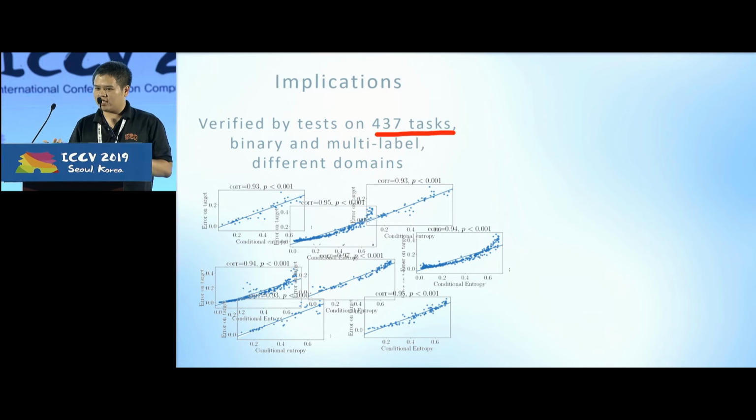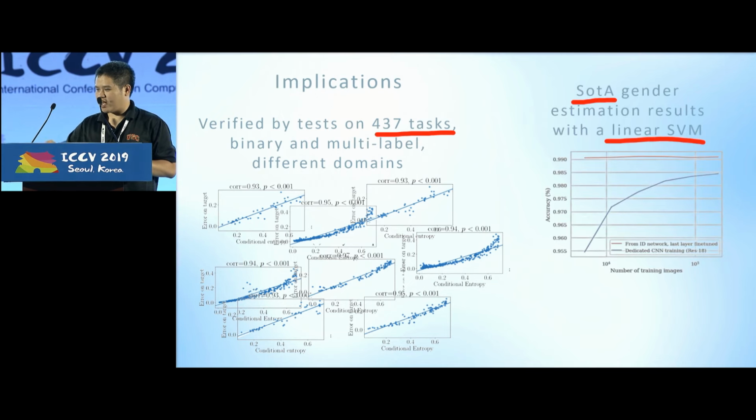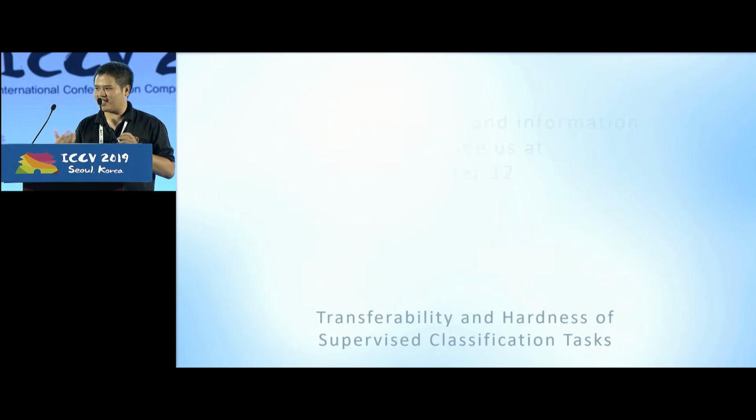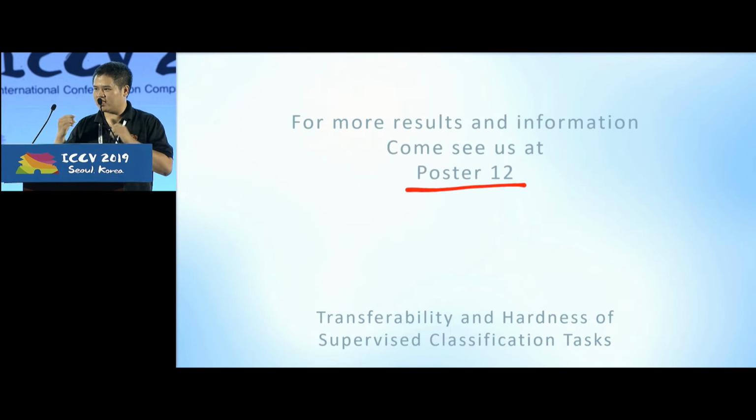We also get state-of-the-art gender estimation just by doing transfer learning from face recognition, and we can achieve it just by training a linear SVM. And finally, we propose the use of transferability as a measure of task hardness. For the details, you can come to our poster number 12. Thank you.